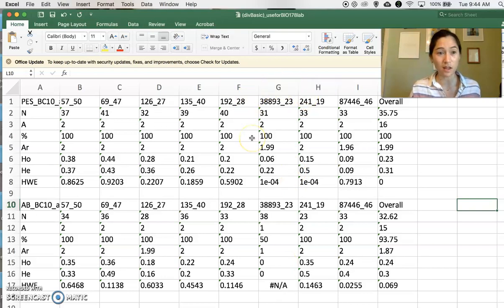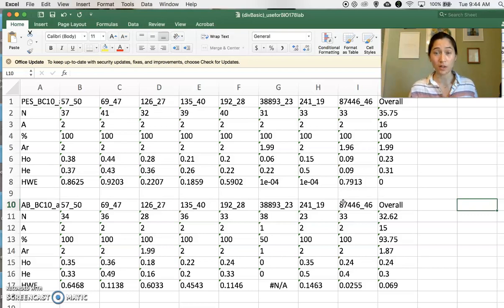I will also say that we're going to revisit this data set a little bit later. So when you're looking at these Hardy-Weinberg equilibrium tests and thinking about why they might be out of Hardy-Weinberg equilibrium, I'll tell you that within this subset of data that we're looking at, 8 different loci, I put in some loci on purpose that I have found through other statistical tests, which we'll talk about later, are actually outliers.